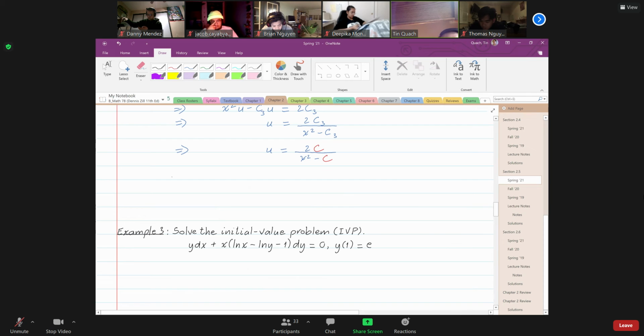So you know the general solution is y equals u times x, implies, let's write, so it is 2c over x squared minus c, everything here, times x.